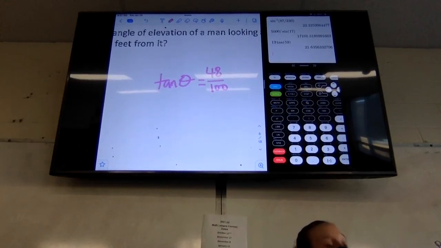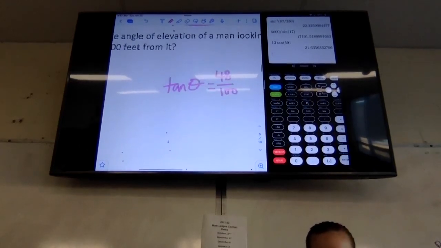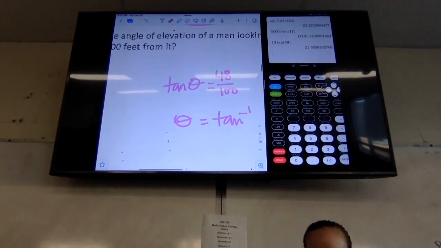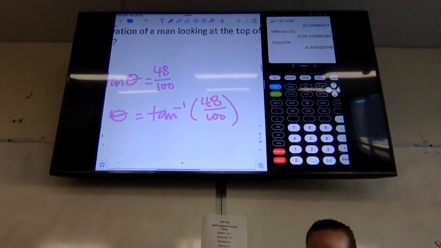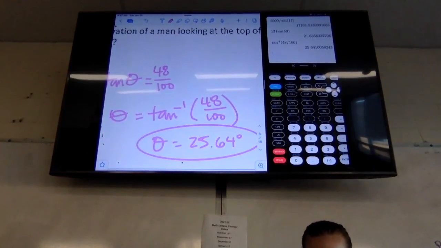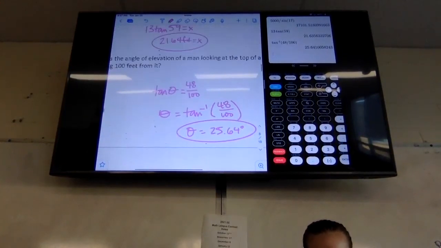Use the -1. So I want to use the word inverse to represent that. So theta equals tan to the -1, inverse tan, 48 over 100. Second tan, 48 divided by 100. Theta equals 25.64 degrees. Did you make it go to the -1 in your calculator?